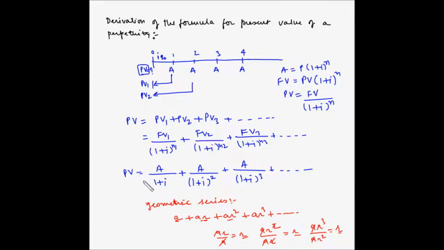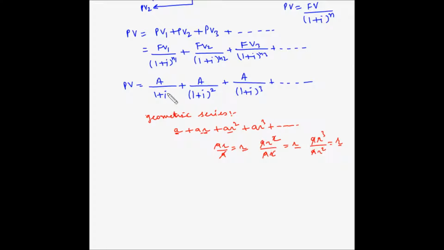So based on this geometric series concept, let us see if our present value of perpetuity is also a geometric series. So let's find out the ratio of two consecutive numbers here. A divided by 1 plus I square, divided by A divided by 1 plus I. A gets cancelled, this gets cancelled with this, so this becomes 1 divided by 1 plus I. Let's take these two.